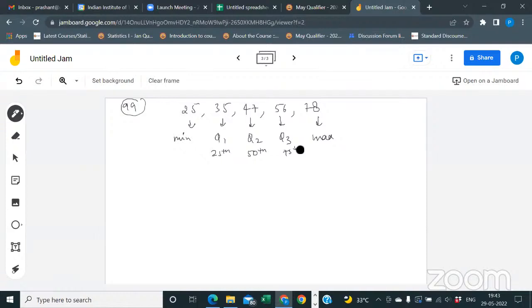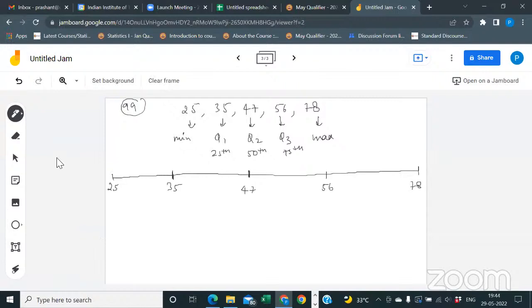See, in total you have 99 observations, right? Suppose your first observation is 25, the 25th is 35, the 50th is 47, the 75th is 56, and the last one is 78.